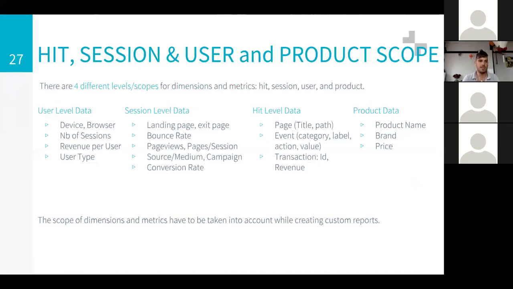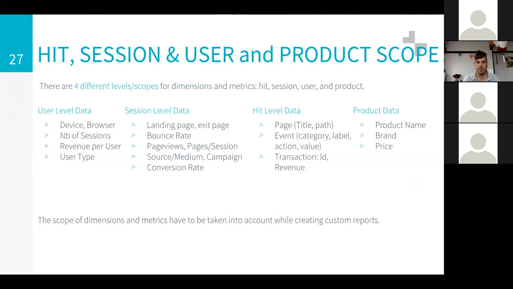So at the user level, you will have dimensions such as the device they were connecting from or the browser. In terms of metrics, you will have the total number of sessions they've ever had. At the session level, you will have the landing page. For each session, you will have one landing page. You have metrics such as bounce rate, the number of page views, and the source medium, which will be our UTMs.